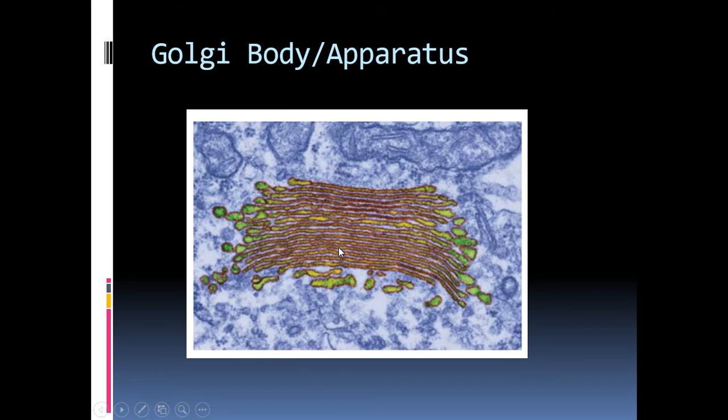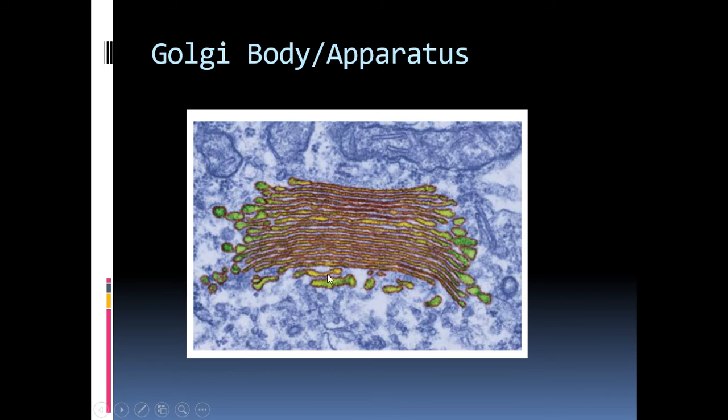If the protein is intended to be used by the cell itself, the protein-containing vesicles that bud off from the Golgi body will form an organelle known as lysosome. We are going to look at lysosome after this.